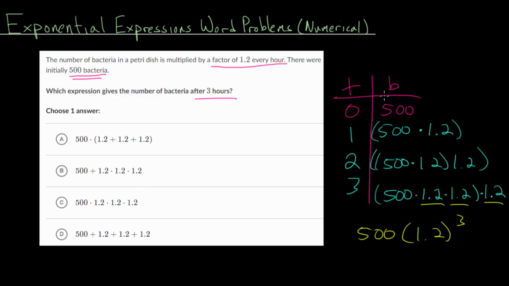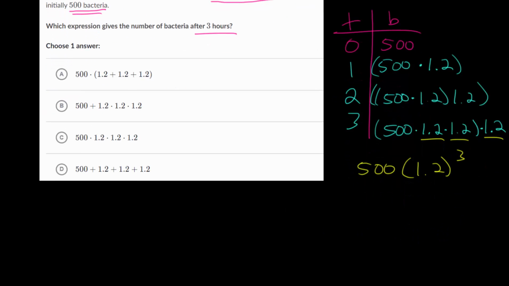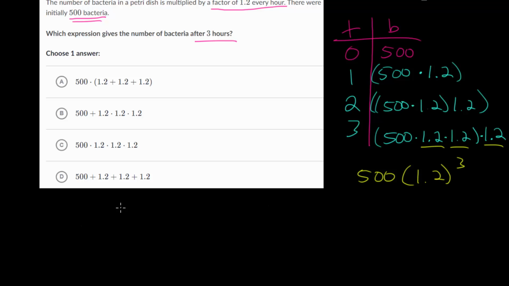In general, with these exponential expressions, they usually look like some starting amount, we can call it A, multiplied by some factor, which we can call B, raised to, let's say, the t power.